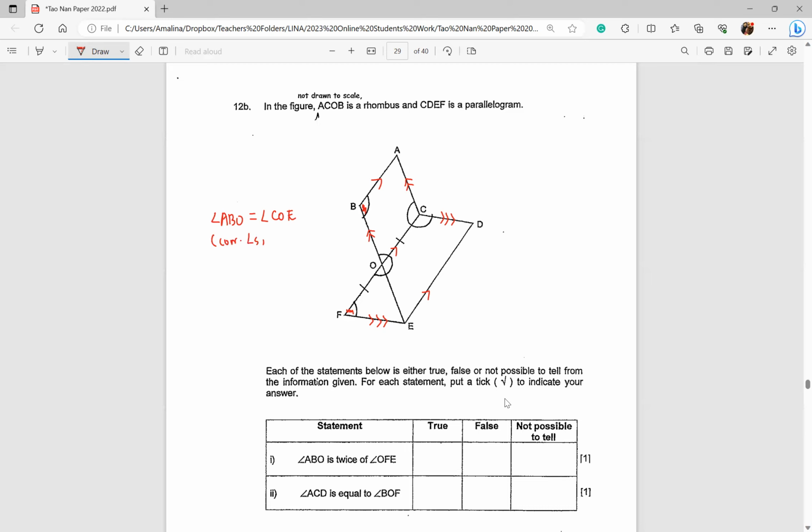Correct, whereby your BA is parallel to your OC. Correct. So maybe if I use my highlighter, this and this, they are the same. Okay, your COE.